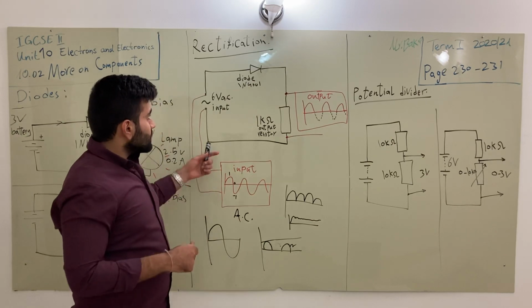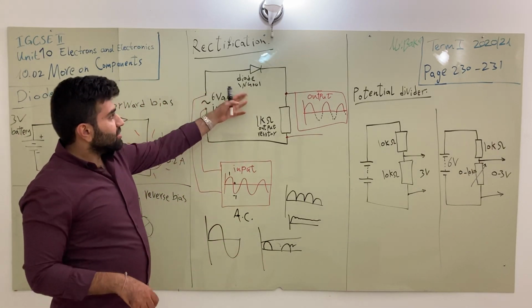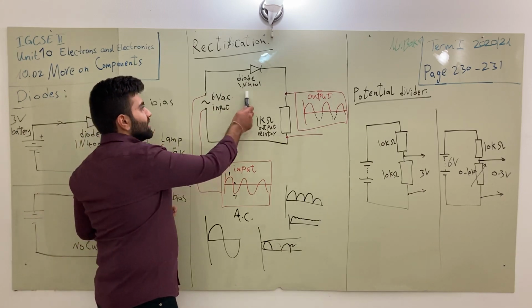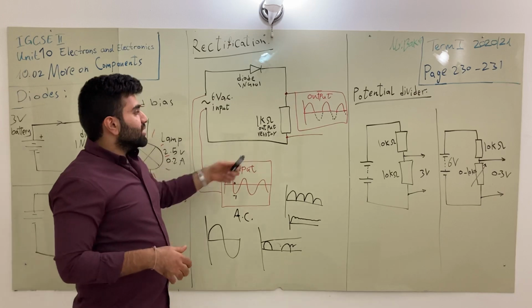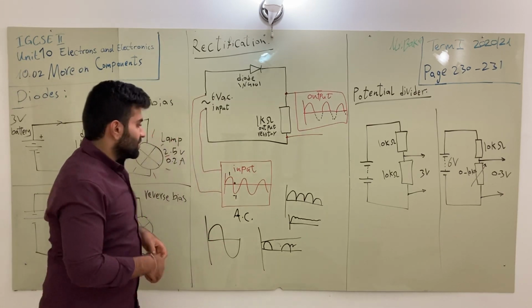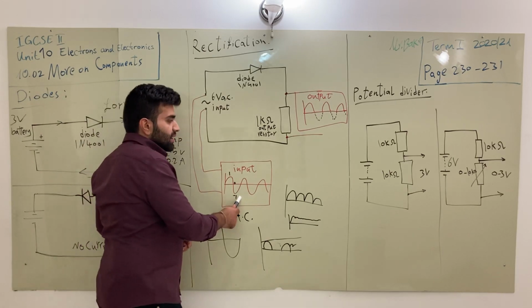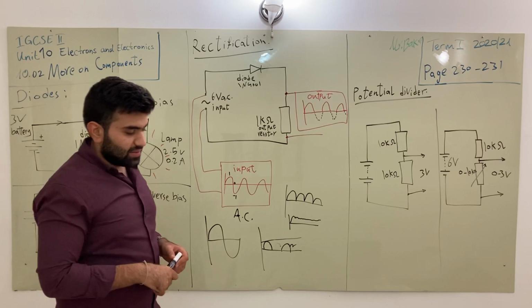So we use it for rectification. The diode is 1N401, the most used diode, and we have a 1 kilo ohm output resistor as the load. So AC enters, and the output is almost DC.